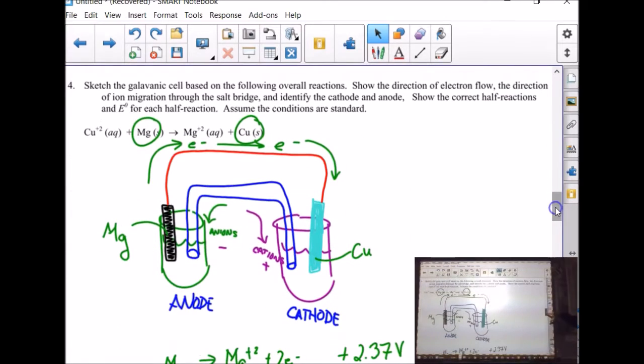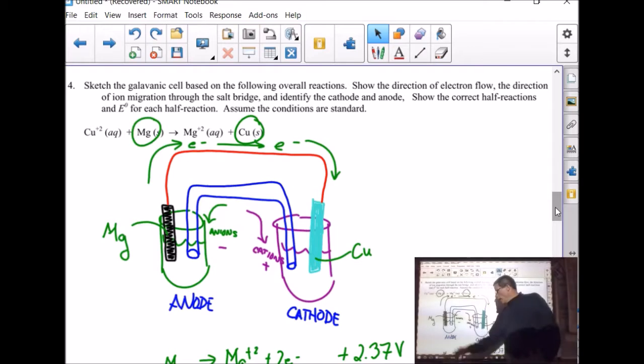All right, I went ahead and drew up the pretty little galvanic cell. So it's beautiful. I put the anode on the left side, cathode on the right side, and some people asked in first hour, is the anode always on the left side?